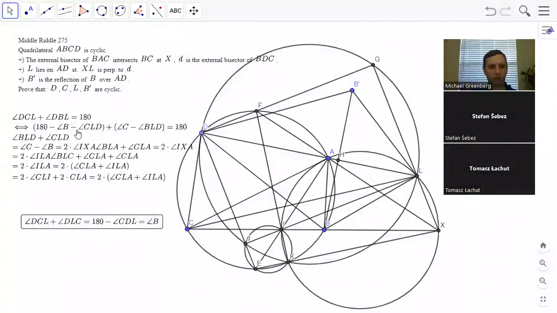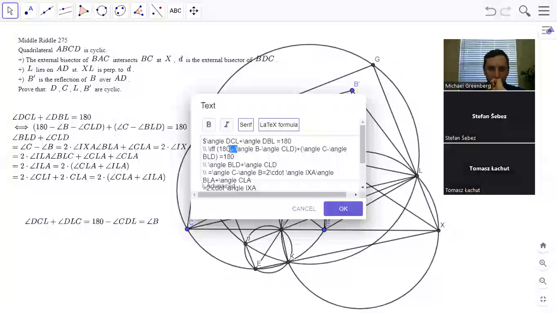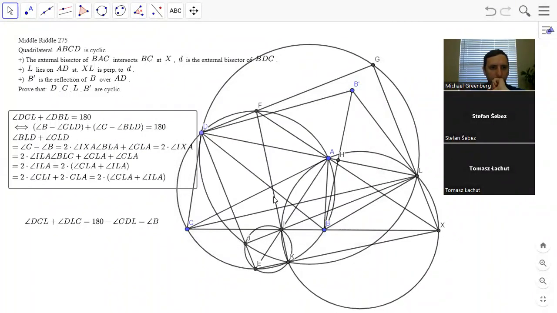So this should just be angle B minus angle CLD, right? Maybe. Okay. So this is angle B minus angle CLD. And then this one is probably inverted.